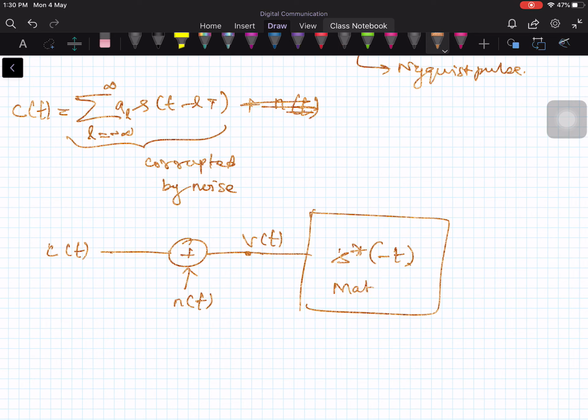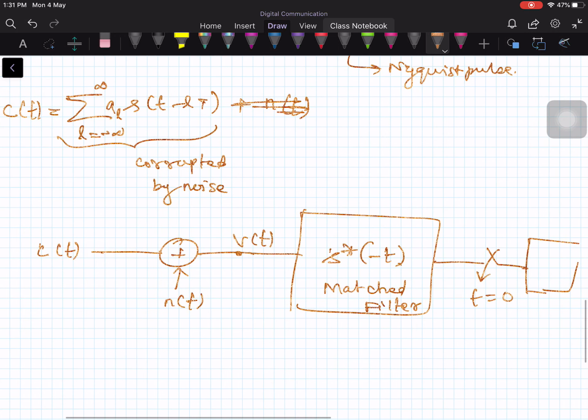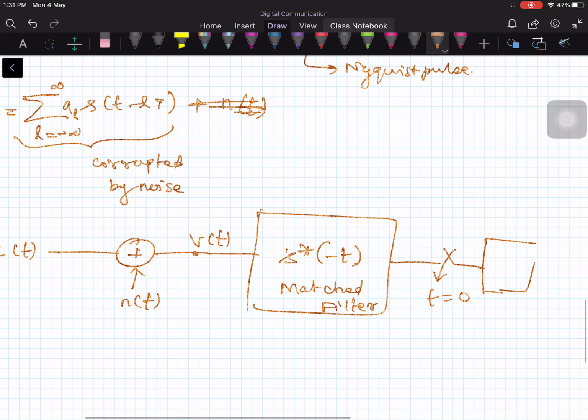So matched filter, and after the matched filter you do the sampling at t equal to 0. If it is 0, then this is correct, and then one more block, that block I will come to a little later, that is called polarity detector, and after that you announce whether 0 or 1 is detected.